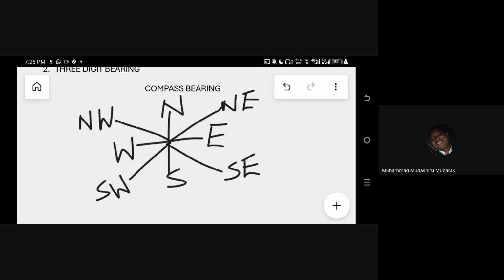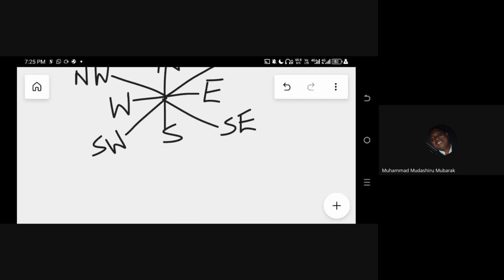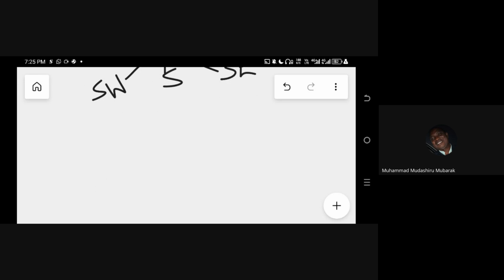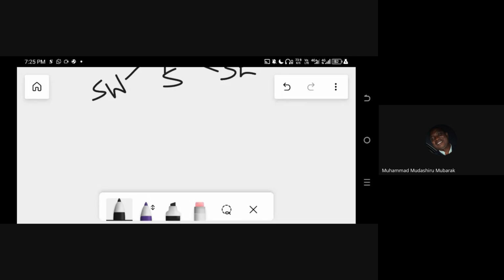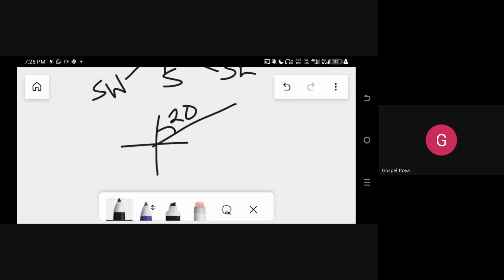Now we will look at some examples of compass bearings and try to interpret the bearings that they depict. So here, let's say we have this, and you're told that you have 20 degrees there.